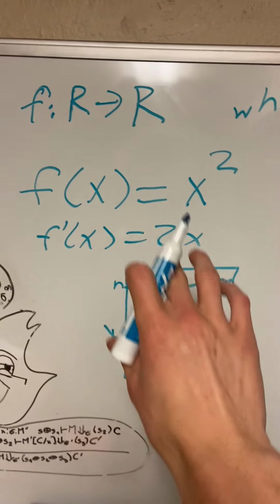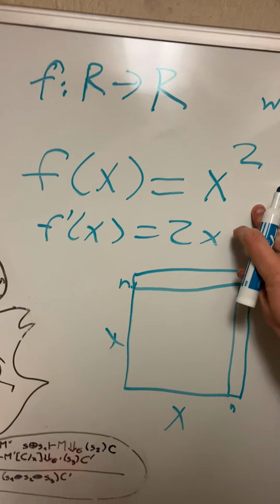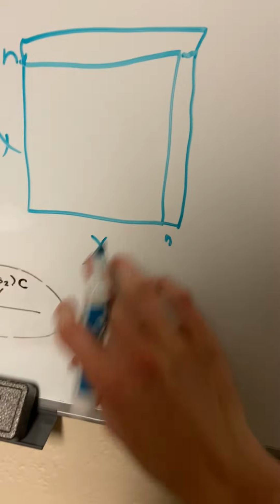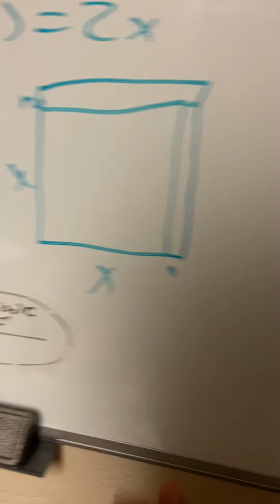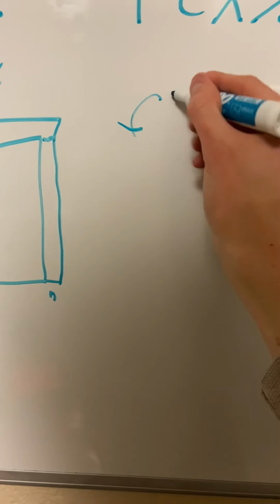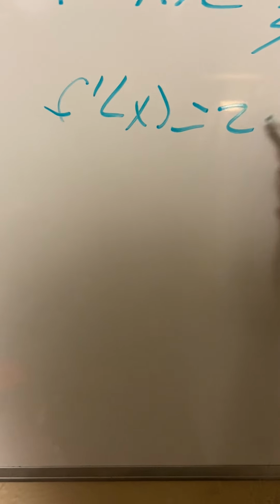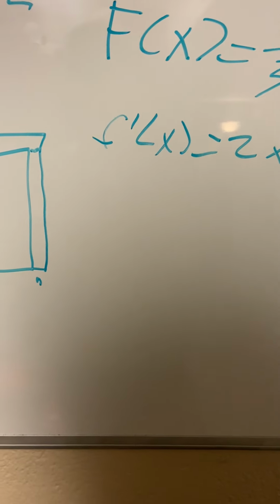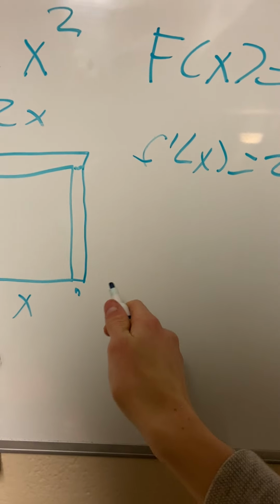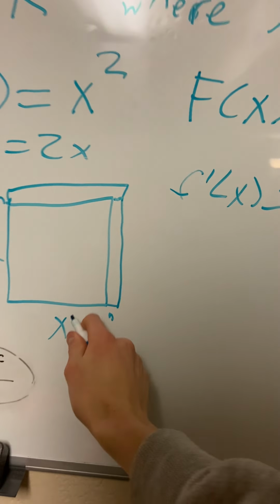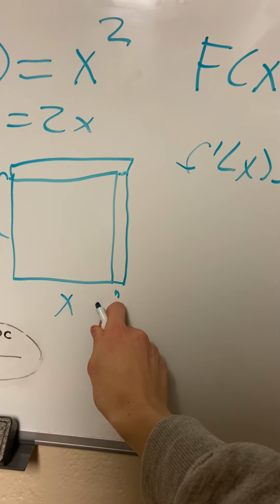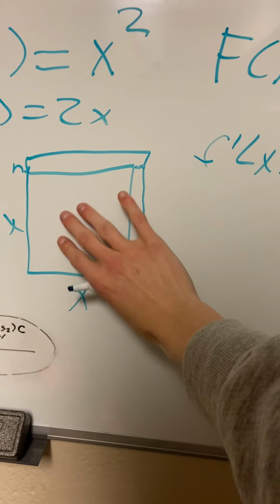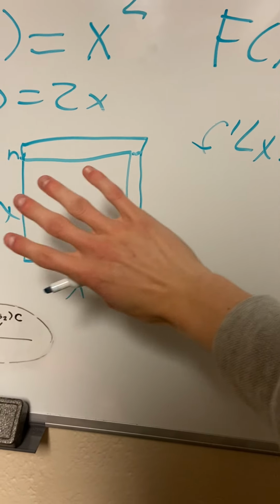So then what is this? This x squared is not just telling us what x squared is. It's telling us, when we have this derivative f prime of x equals 2x, this is the area that will be swept out.